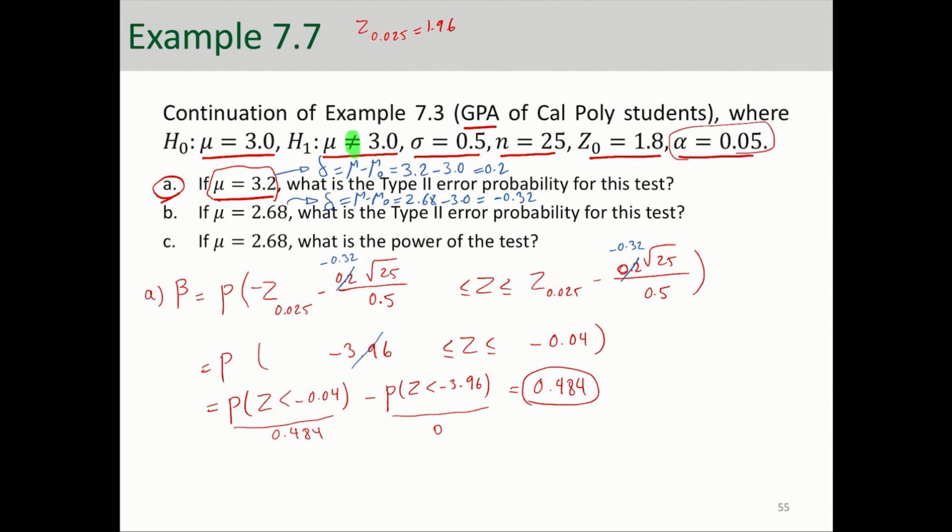That will change these values to 1.24, 5.16, 5.16 here, 1.24 here, and the new beta is 1 minus 1.24.